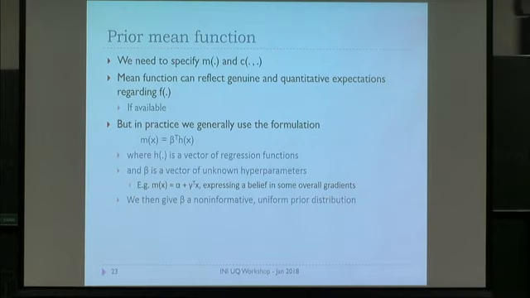We represent m in this regression function kind of way. So you've got h as a vector of regressor functions, or functions that represent movement in the space, and beta is a coefficient of unknown hyperparameters, regression coefficients. For instance, in this case, we've got a constant term alpha, and we've got a gamma times x, which gives you a separate gamma coefficient in the vector for every one of your inputs in x.